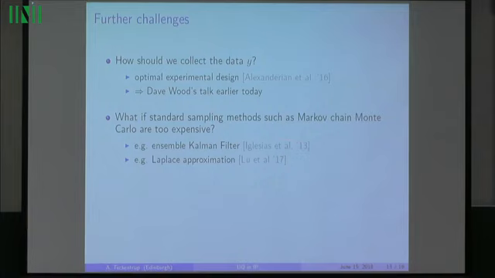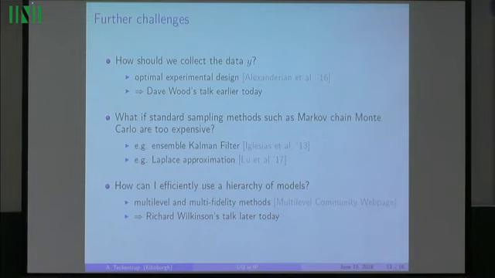And then there are also ad hoc methods which, as opposed to Metropolis Hastings and Markov chain Monte Carlo methods, don't really sample from the true posterior, but from a distribution that is close to it. These methods can be faster to implement, such as the ensemble Kalman filter.